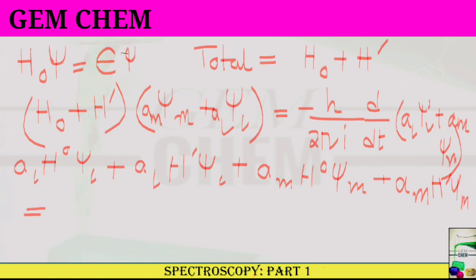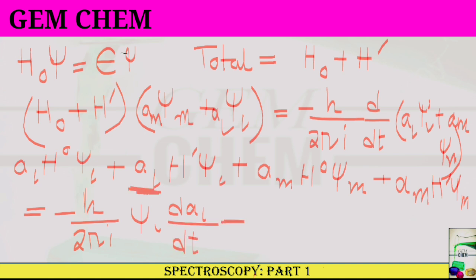This comes to be equal to minus h by 2 pi i xi l dAl by dt, minus, this is my time dependent function so it is under the d by dt, h by 2 pi i Al d xi l by dt.